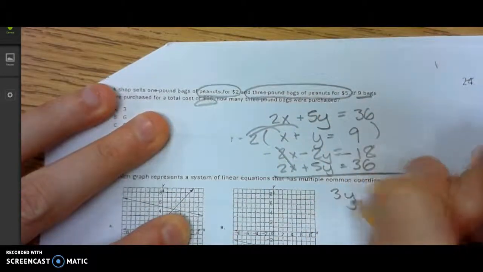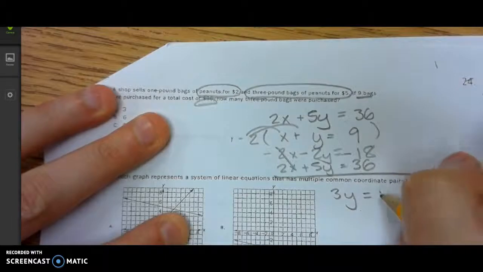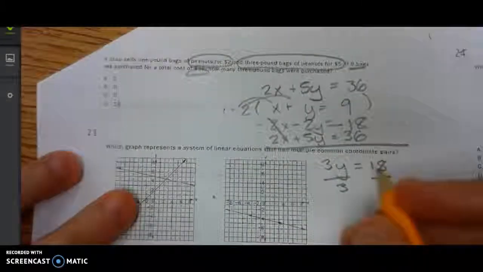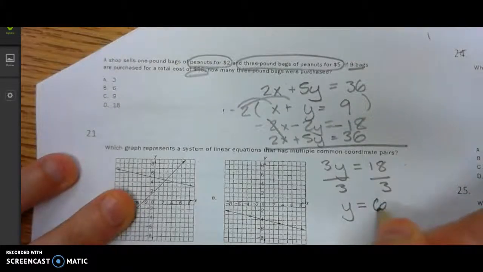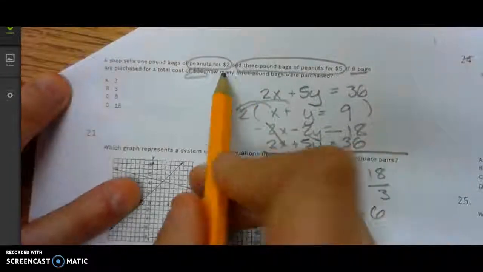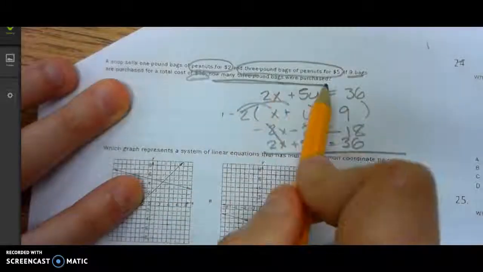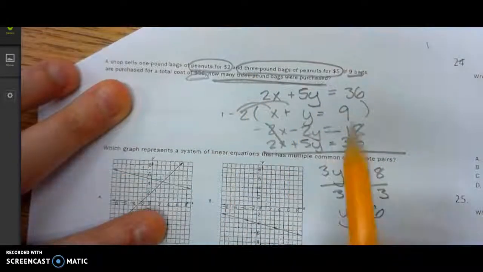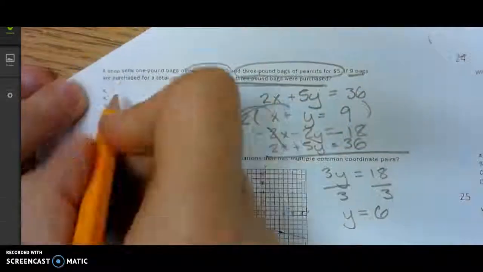That's 3y equals 18. So we divide both sides by 3. We get y equals 6. And let's make sure that we found what we were looking for. It says, how many 3-pound bags? And are the 3-pound bags what we called y? Yes. So that is my answer.